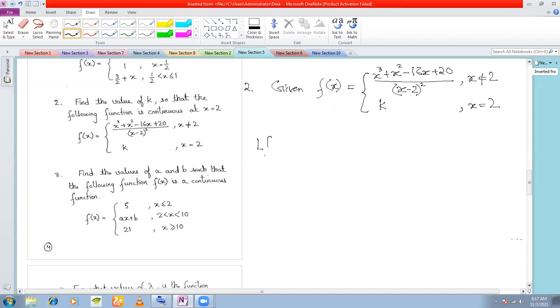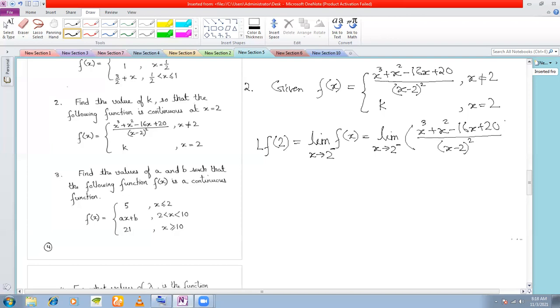Left hand limit f(2), because we want to check the continuity at x equal to 2, is equal to limit x tends to 2 minus f(x), which is the limit x tends to 2 minus, for x approaching from values lesser than 2 and x not equal to 2, of x cube plus x square minus 16x plus 20 divided by (x minus 2) whole square.